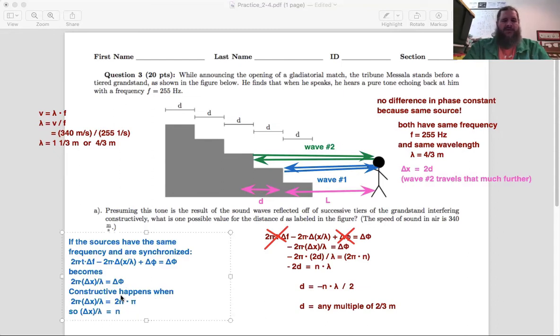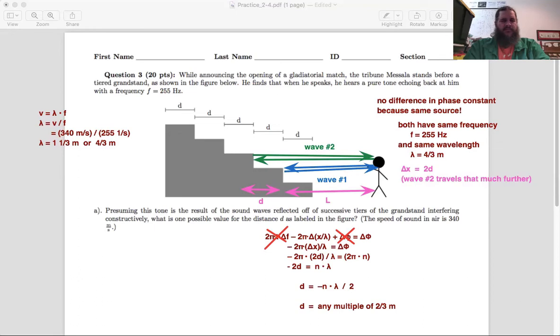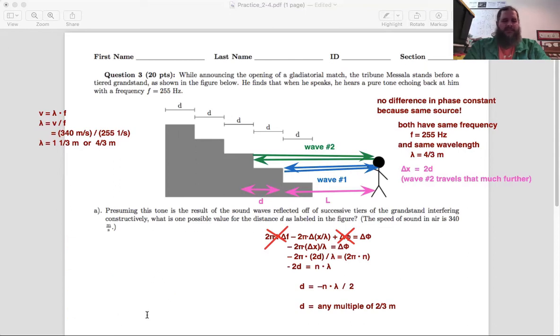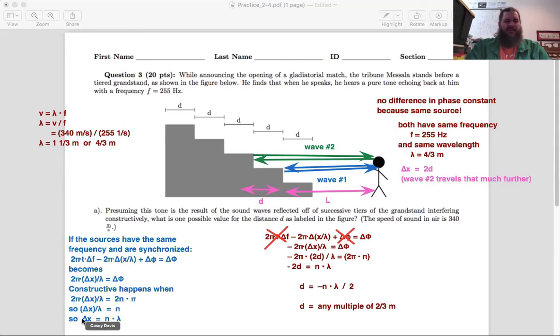And then how would you solve that for delta x? Delta x would equal what? N times lambda, just multiplying both sides by lambda.